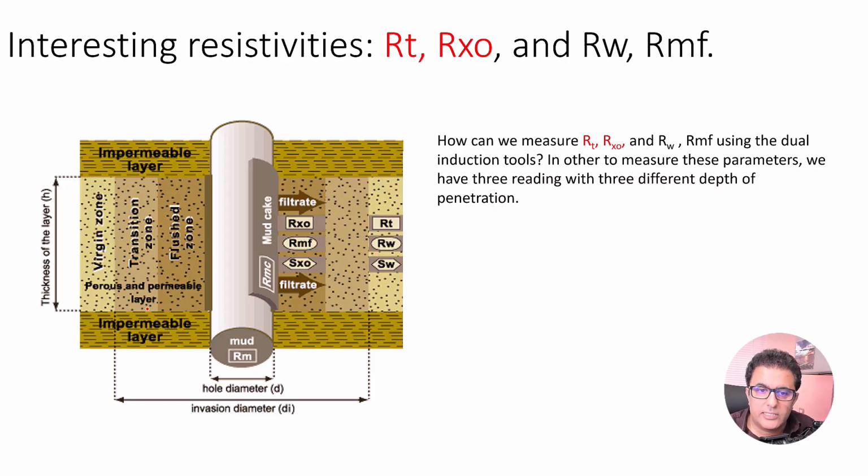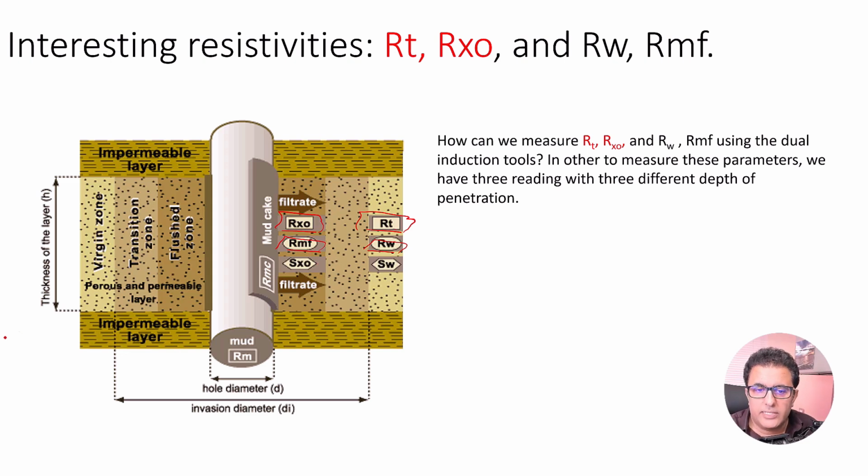So one of the resistivities is RT, or the resistivity of the formation in the virgin zone, and another is RXO, that is the resistivity of the formation in the flushed zone, and then we have RW, that is the resistivity of formation water in the virgin zone, and then we have RMF, that is the resistivity of mud filtrate in the flushed zone.